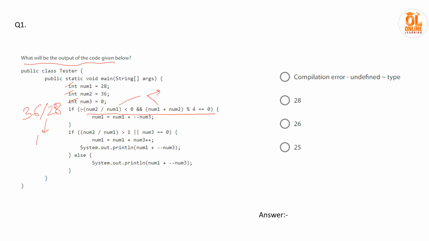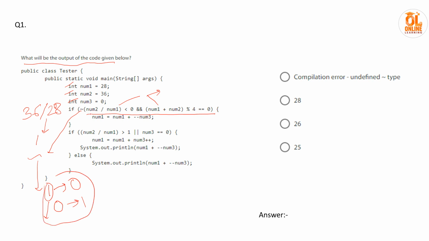After that, you can see there is a complement operator. What does complement do? It converts 1 to 0, and if it is 0, then it converts it to 1. It converts any non-zero number to 0 and 0 to 1. Remember it.